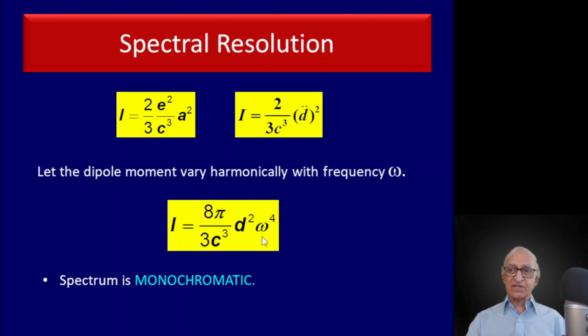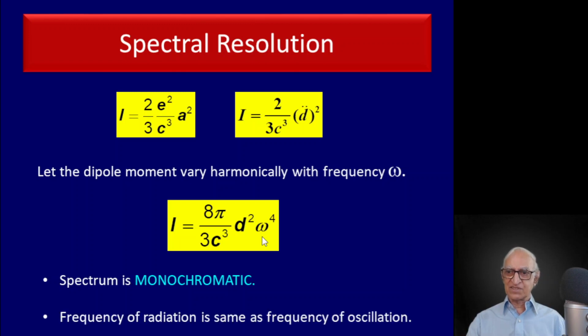And there is only one frequency, and that is the frequency of radiation. The frequency of radiation in the dipole approximation is the same as the frequency of oscillation. So if a charge is oscillating with the frequency omega or going around in a circle with frequency omega, then that will be the frequency of the radiation also. So we now have the intensity, we now have the angular distribution, and we now have also the frequency content.